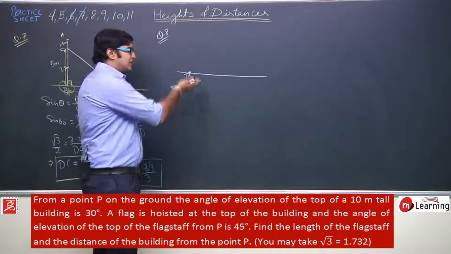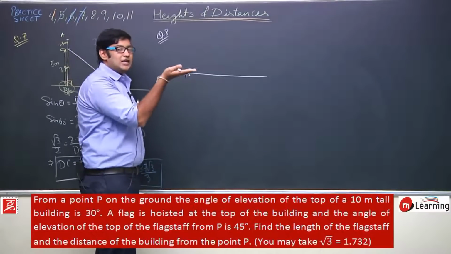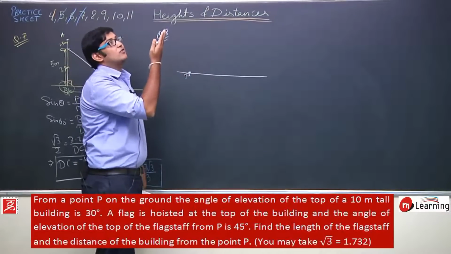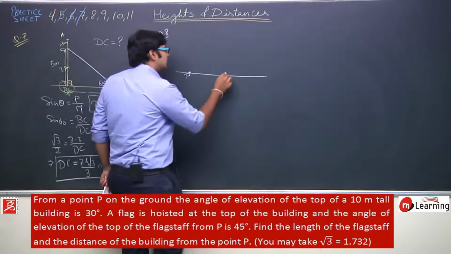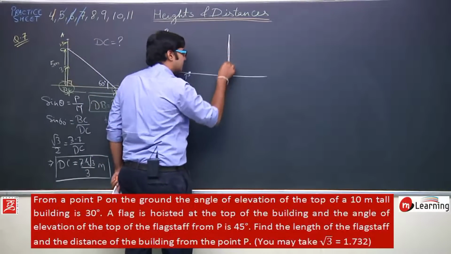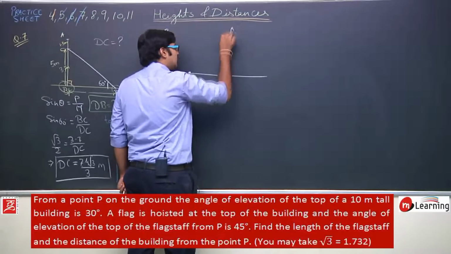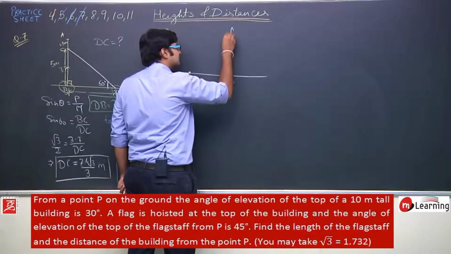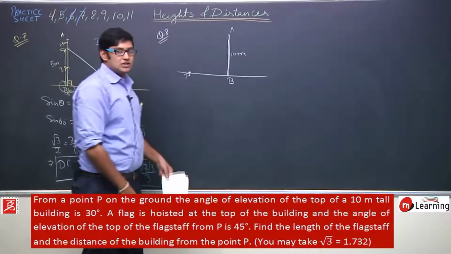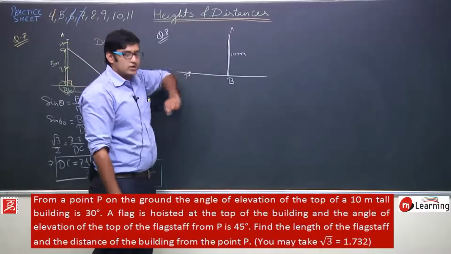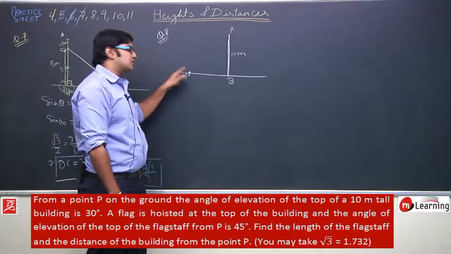It means if I am standing at this P point, I need to move my head 30 degrees upwards to observe the top of the building. So this is, let us say, the building, AB is the building. This building is given as 10 meter tall, and what is the top of this building? This A point.